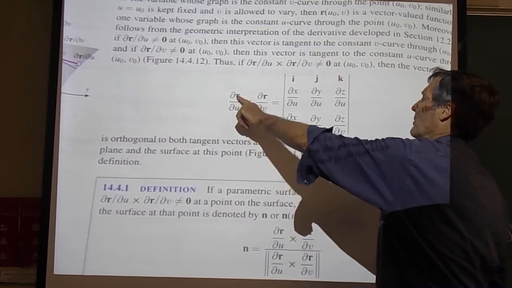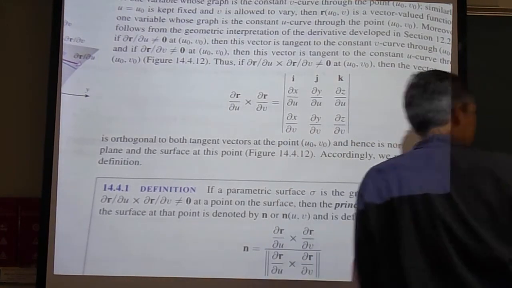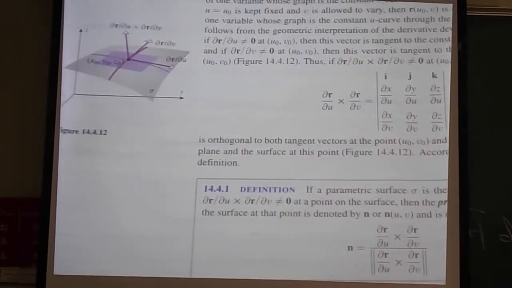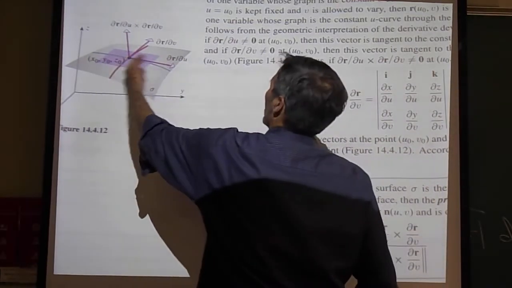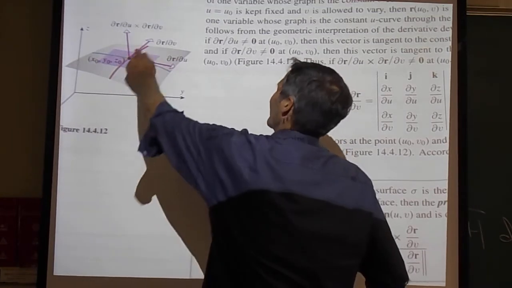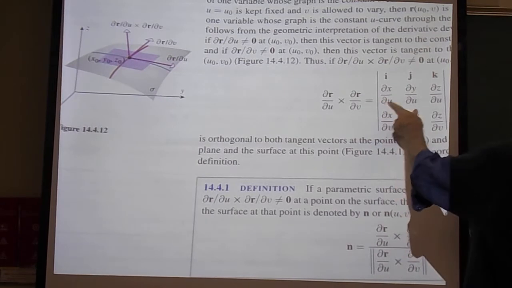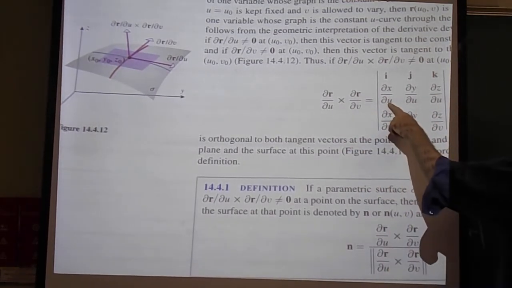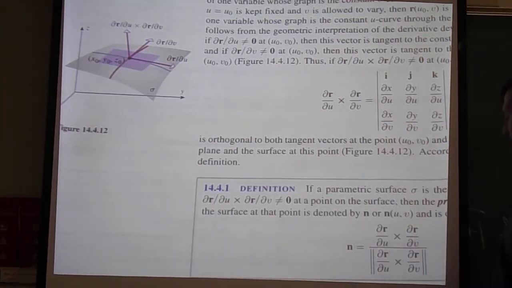So dr du is a tangent vector to the one curve that we showed. Dr dv is a tangent to the other curve. Here they are. Dr du, dr dv, that's what I was motioning my hands and you couldn't tell what I was imagining with this. And their cross product is a normal to the surface. So here's how, given parametric equations, x, y, and z as a function of u and v, you then get a normal to the surface.